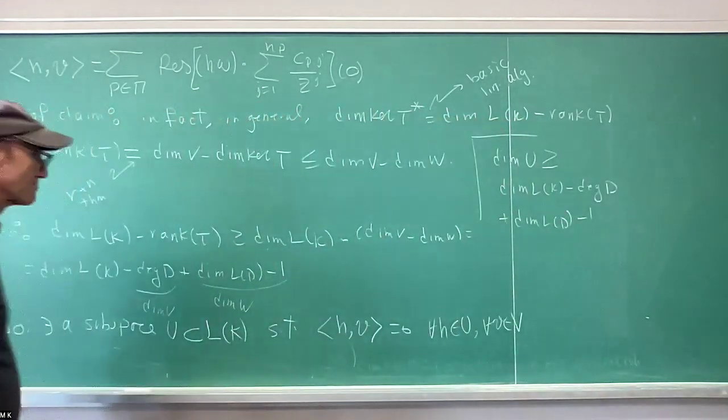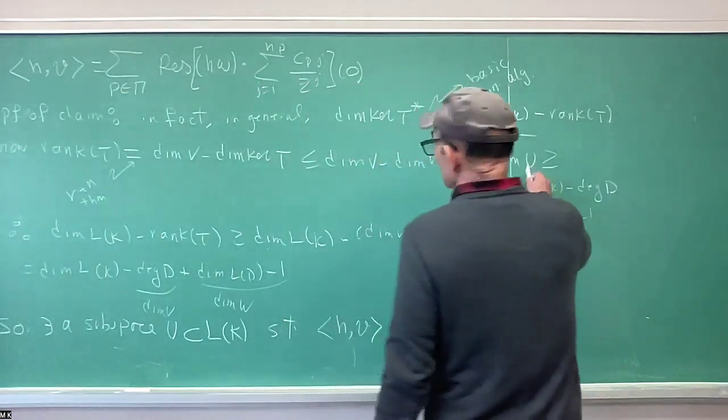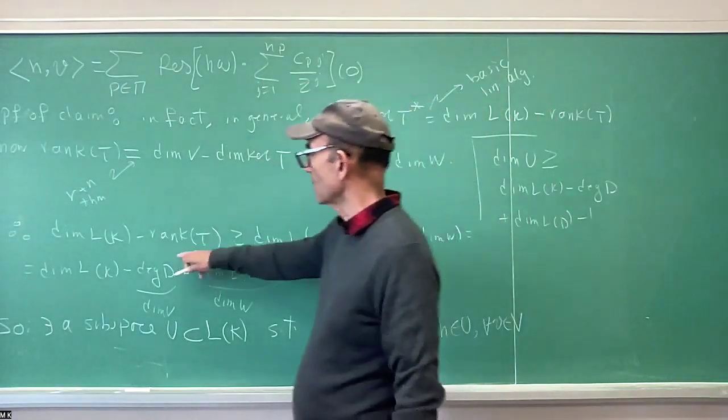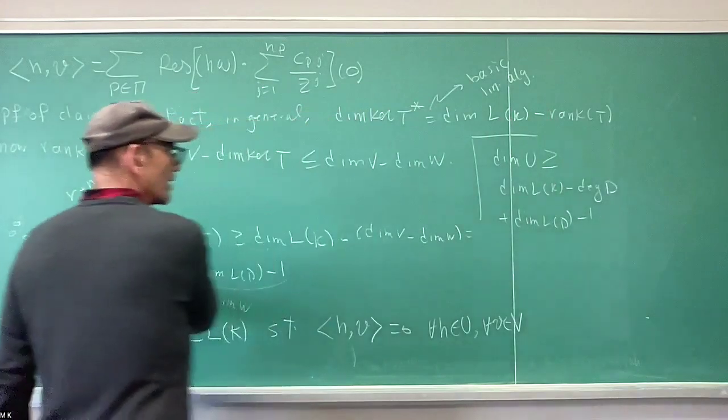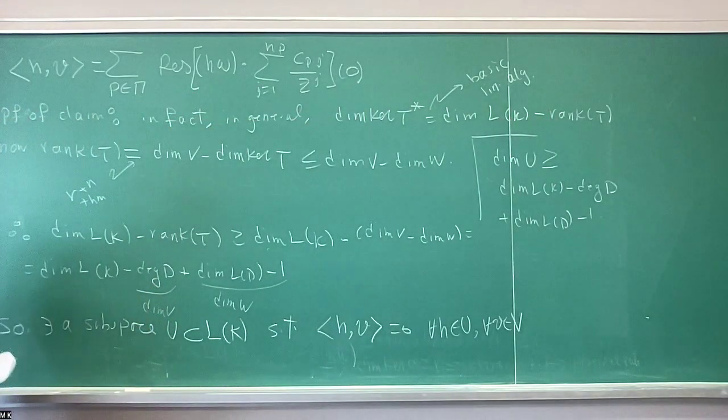Why does that inequality hold? Oh, this is because dimension of U is bigger than this dimension, and this is dimension of L of K, which is the one that we derived here.